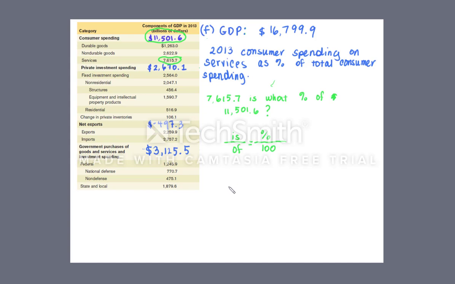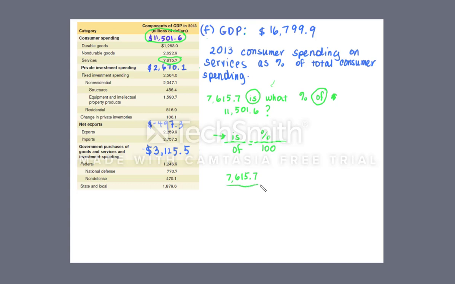The number closest to is, 7,615.7, I'm going to put here. Then I'm going to put the of number, 11,501.6, beneath the is number.